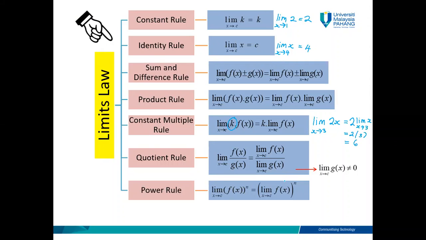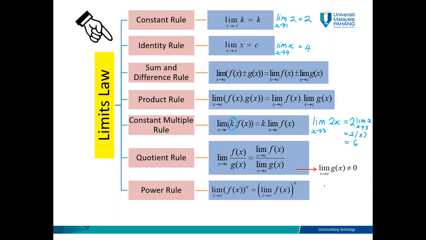So the power rule: the limit of f(x) to the power of n when x approaches c is equal to the limit of f(x) when x approaches c, to the power of n.